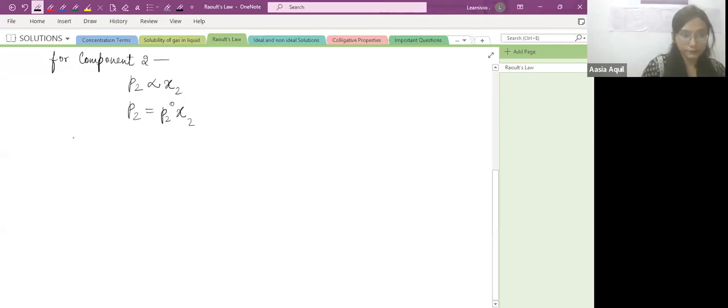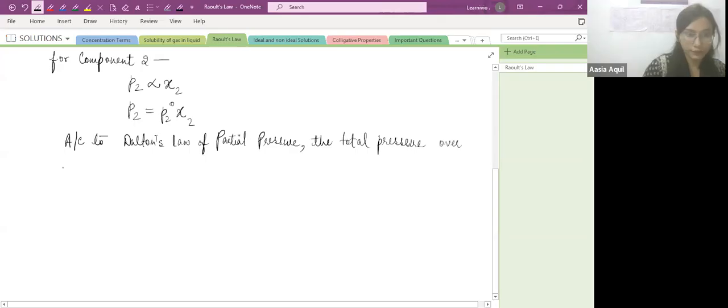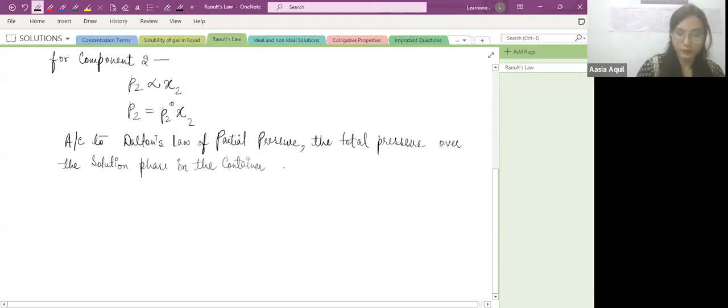Now, according to Dalton's law of partial pressure, the total pressure over the solution phase in the container will be the sum of the partial pressures P1 and P2.